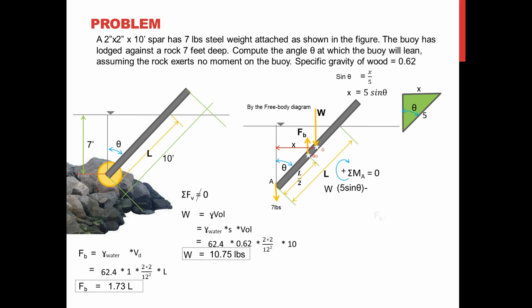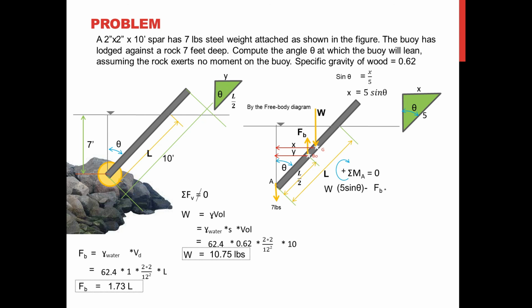So we subtract the rotation effect of the buoyant force, which is counterclockwise. So the buoyant force will also have its corresponding moment arm. I'm going to denote that by Y. We utilize the right triangle formed out of it.